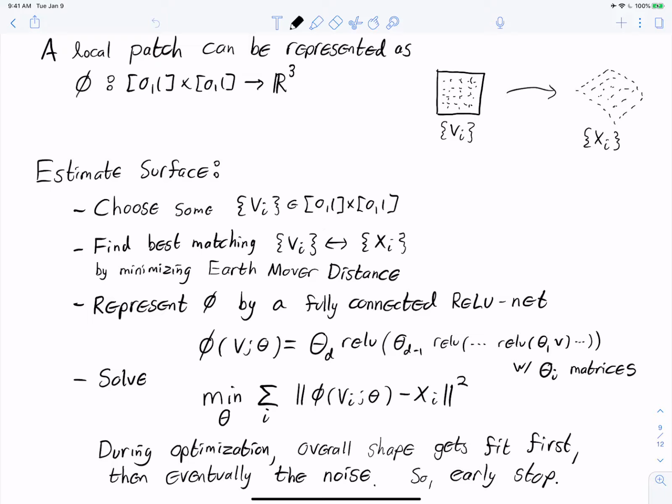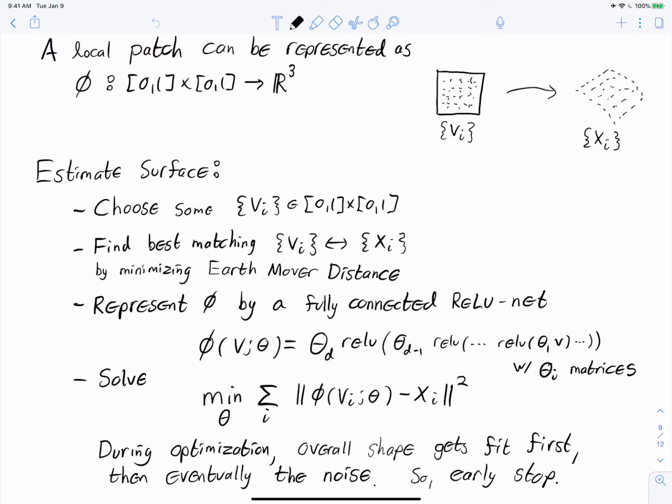Once we have this representation for phi, we can write down a minimization problem to solve. The natural problem is to minimize over all these parameters theta the sum of the squared distances between the map phi applied to our points v_i and the x_i points that were in R3 to begin with.